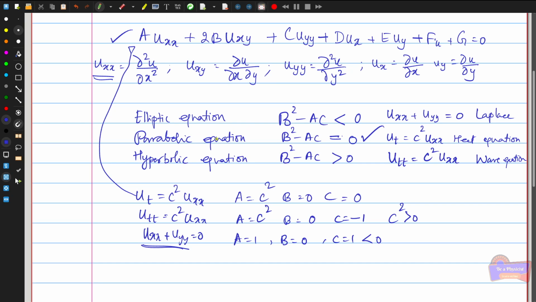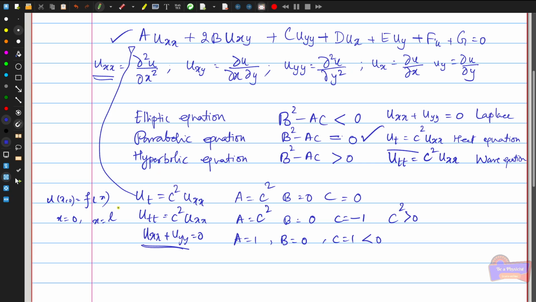For example, for the solution of the one-dimensional heat equation which we have considered here, u t equal to c squared u xx, we require an initial condition to be prescribed, say u of x comma 0 equal to some function of x, and similarly the conditions along the boundary lines x equal to 0 and x equal to L. So we have to give the boundaries at these two values so that we can solve the heat equation, where L is the length of the rod which we have considered for modeling this equation.